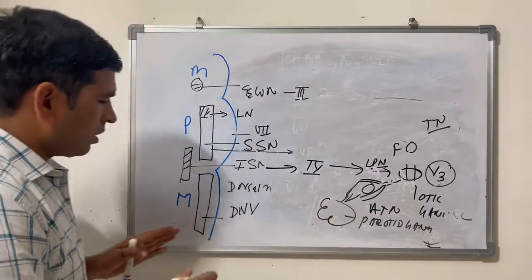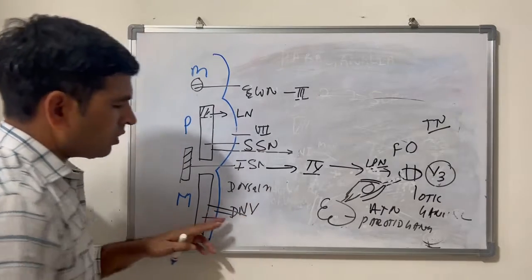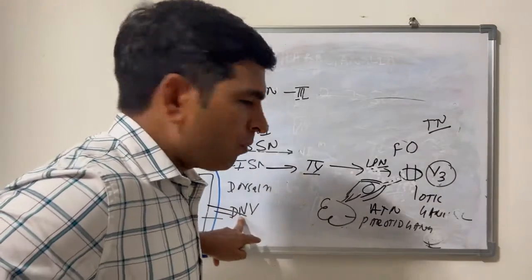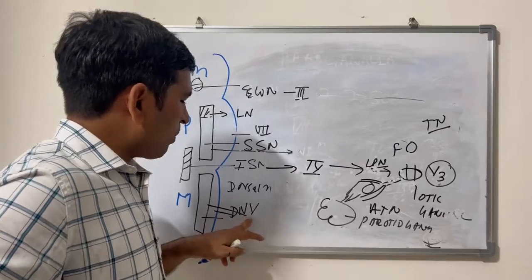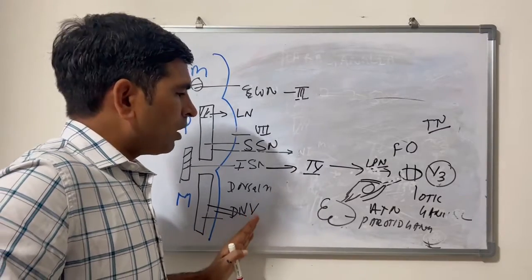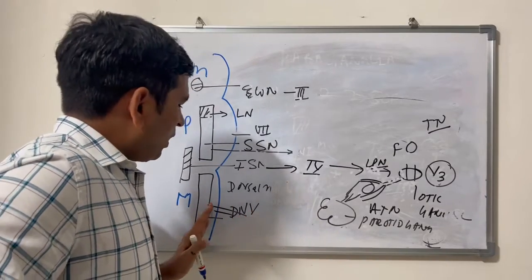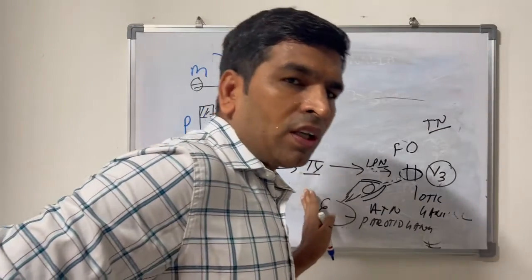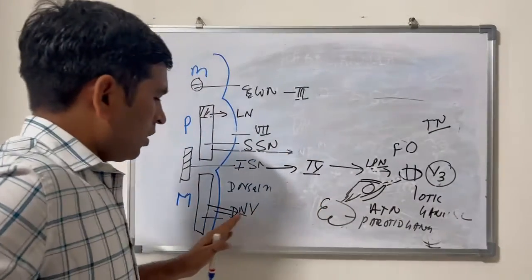Now the dorsal nucleus of the vagus is also a secretory nucleus which supplies various glands and cardiac smooth muscles in the thorax and abdomen.